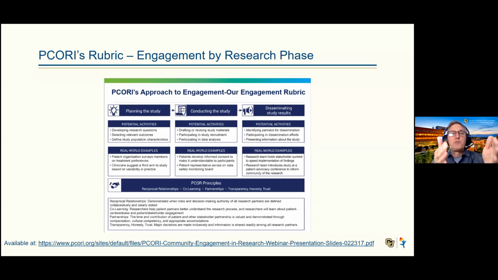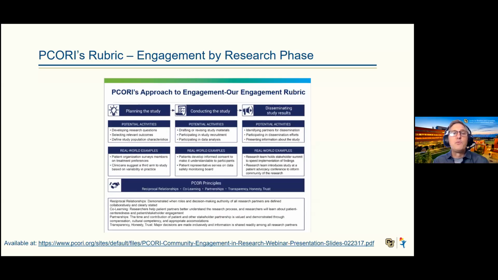So this starts with planning the study and ideas to engage people, conducting the study, ways to think about that, and dissemination of study results. So the idea here is that engagement can be organized in a couple of different ways.